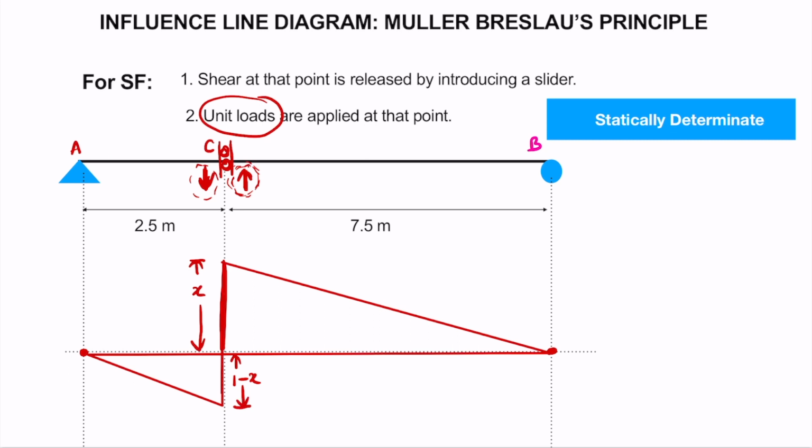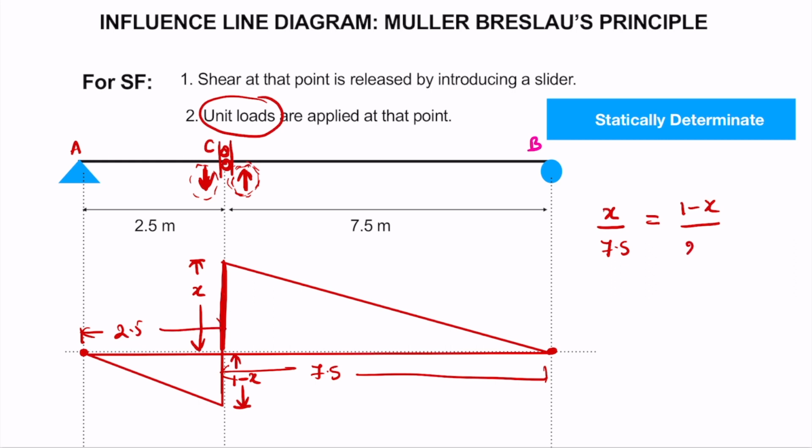We can easily find out the value of X here by X divided by this length. This length is 7.5 here. So X divided by 7.5 equals 1 minus X divided by this length, which is 2.5. It's 3 times.